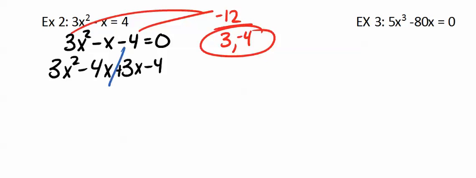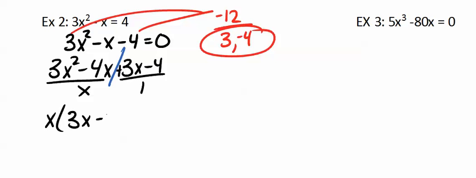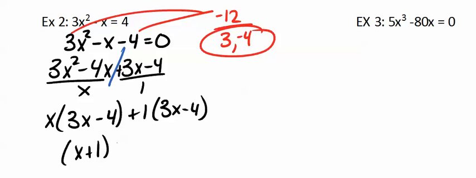I'm going to take out an x over here. I'll take out a 1 here. And I'll get x times the quantity 3x minus 4 plus 1 times 3x minus 4. Regroup it and get x plus 1 times the quantity 3x minus 4 equals 0.